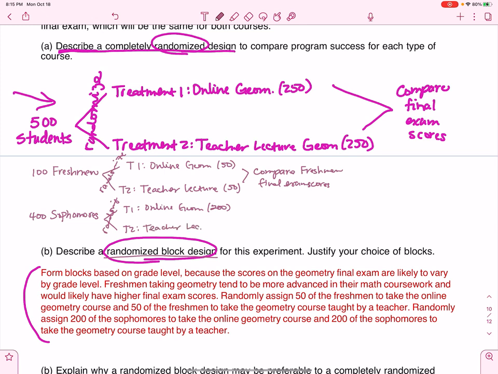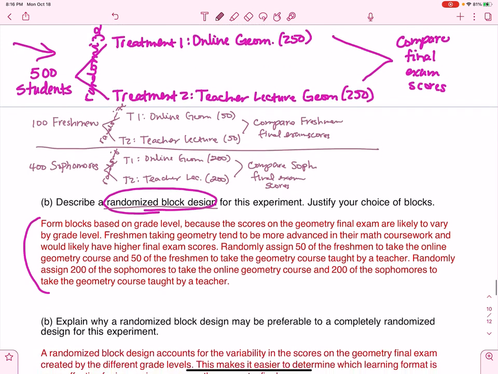So teacher lecture, I'm going to put half of my sophomores in here, and then I'm going to compare sophomore final exam scores. Sorry, my handwriting's getting bad. I'm getting tired of doing this. So I never bring them back together. The freshmen stay in a block, the sophomores stay in a block. That's what a randomized block design would look like.